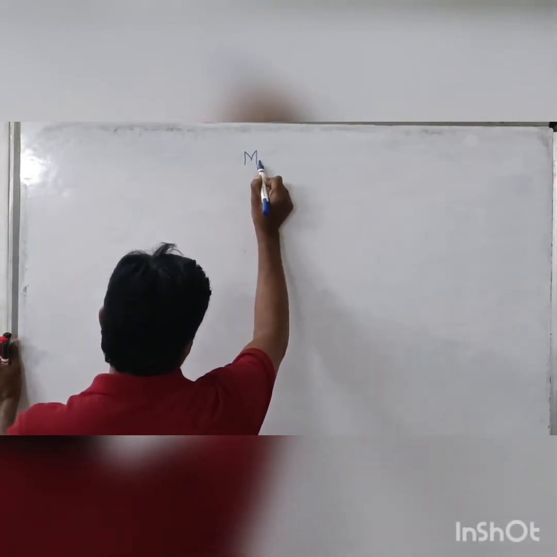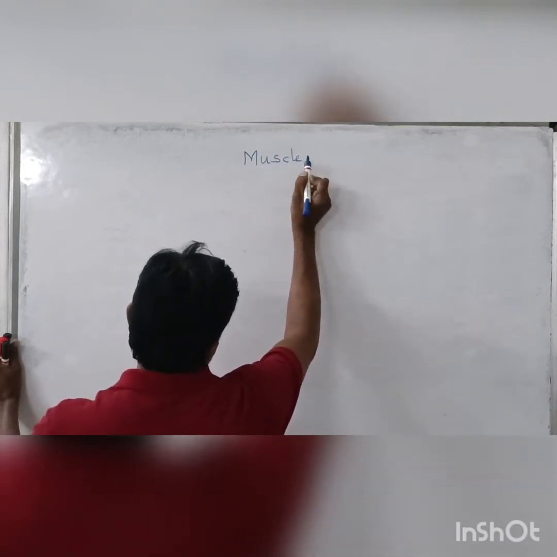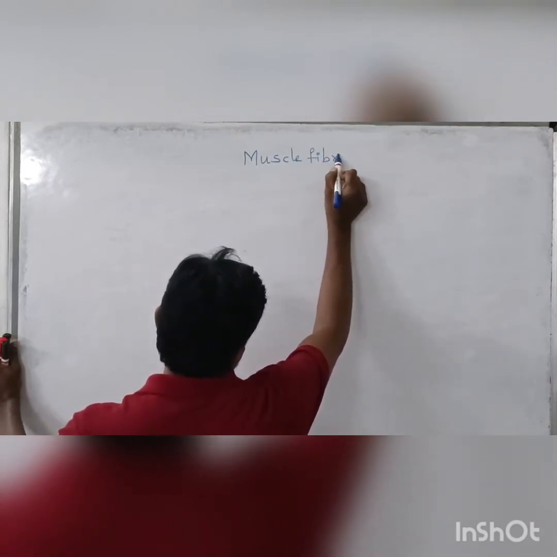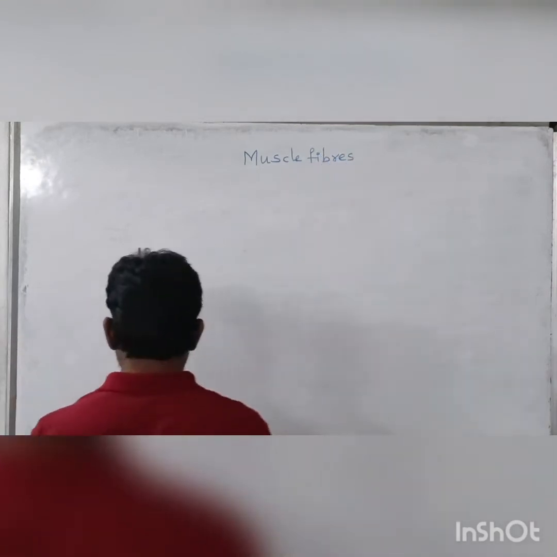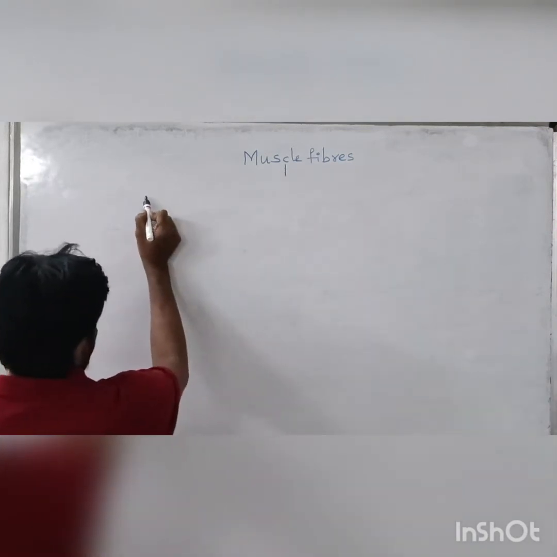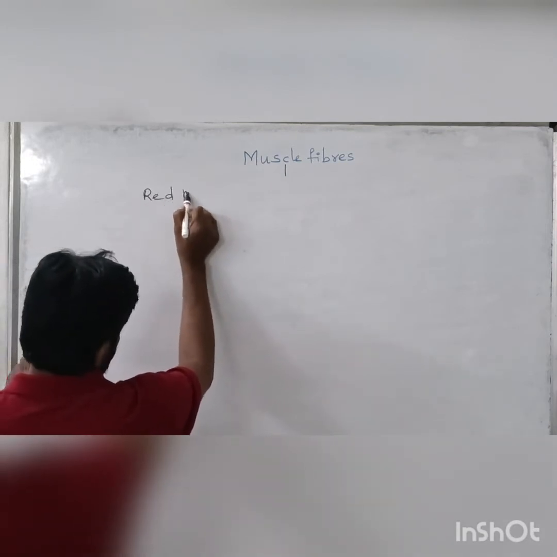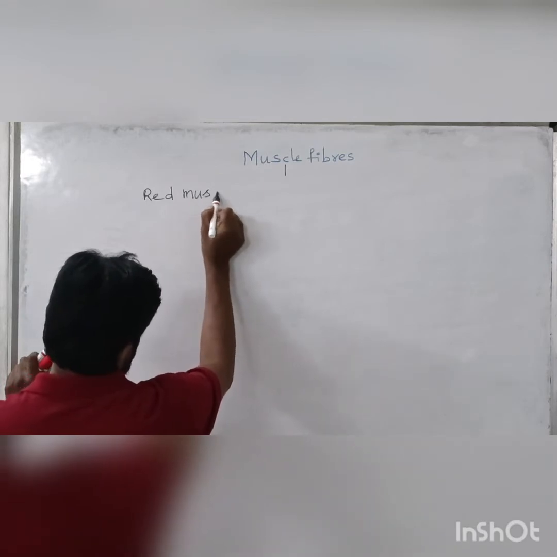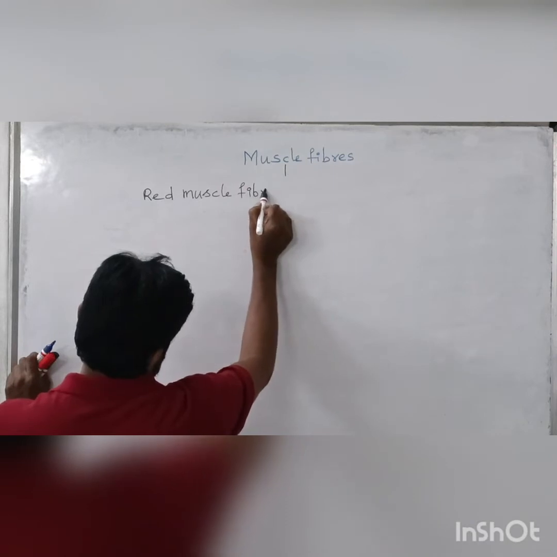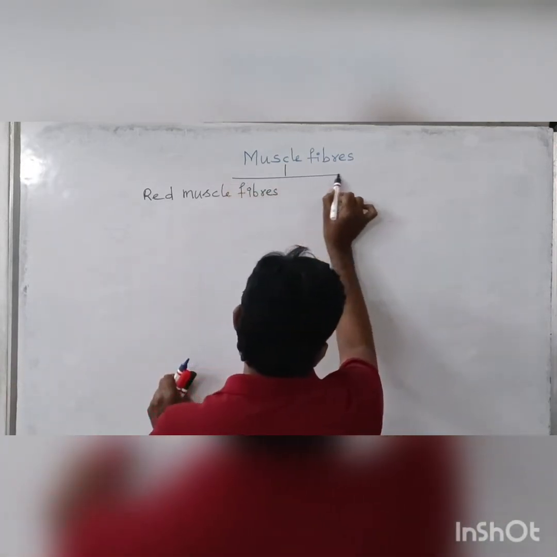There are two types of muscle fibers: the red muscle fibers and the white muscle fibers.